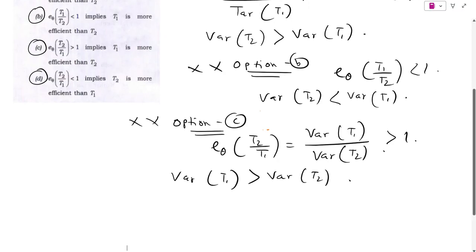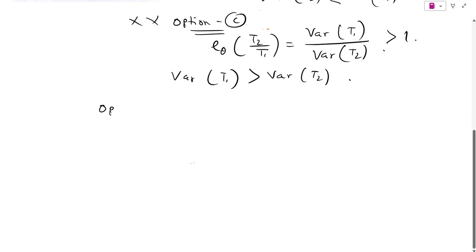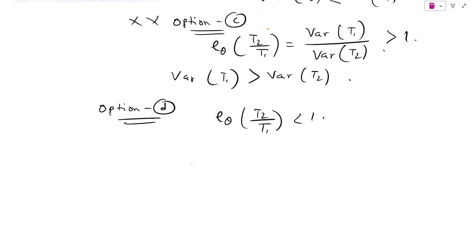Now come to option D. If this holds, then variance of T1 is less than variance of T2. Therefore T1 is more efficient, but the option says T2 is more efficient. So this is incorrect.